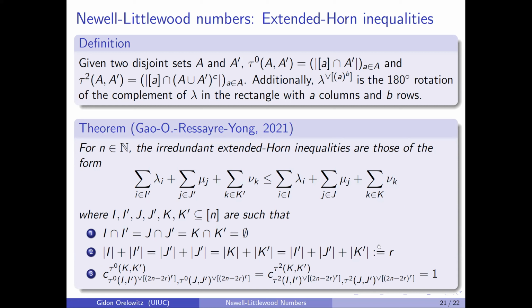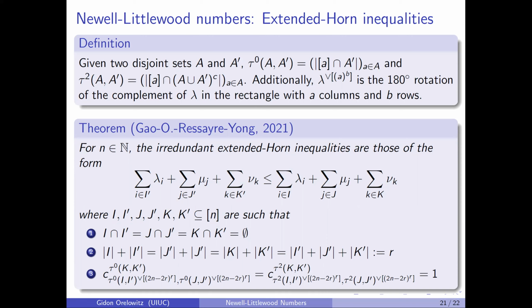But again, we have 6 sets. So how do we square that with a Littlewood-Richardson coefficient only taking in 3 inputs? Well, there are these 2 sort of extensions of our tau function from before, tau 0 and tau 2, and the definition for them is a little more complicated, so I won't go into them right now.